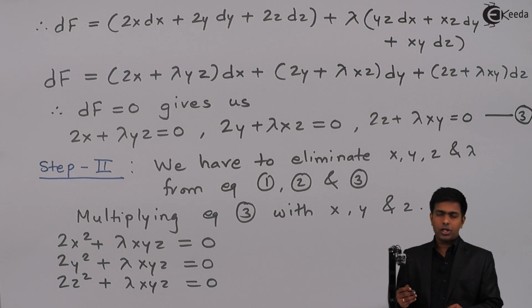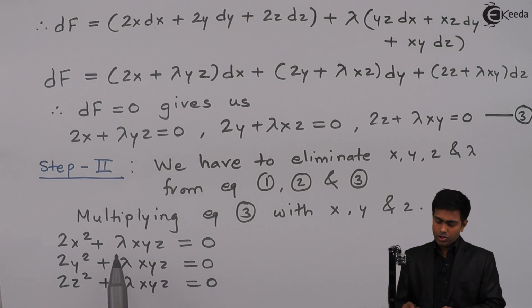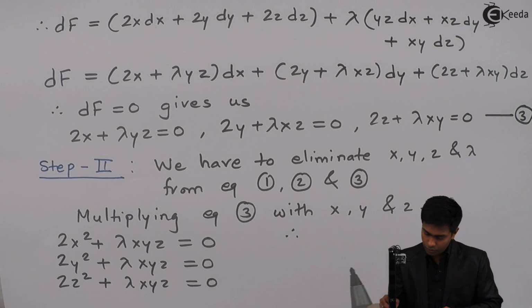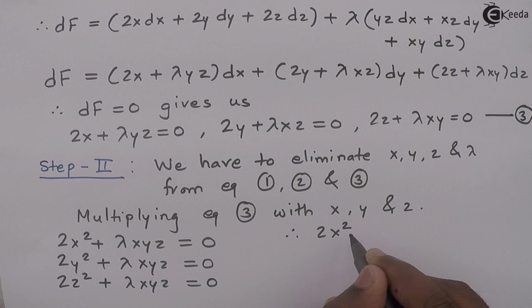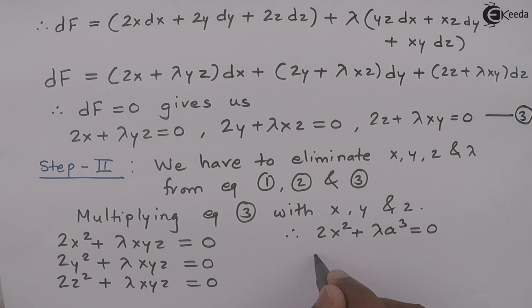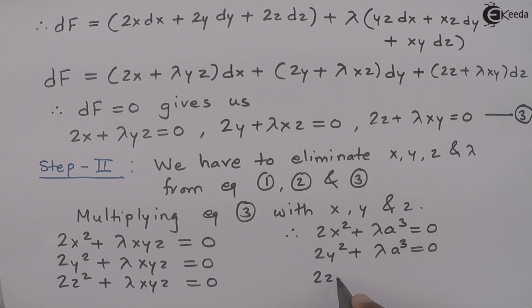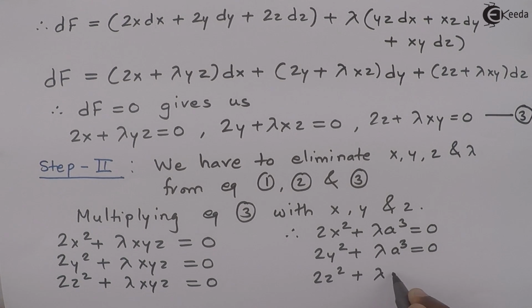Now from equation number 2, we know that xyz is equal to a cube. So this will become, therefore, 2x square plus lambda a cube equal to 0, 2y square plus lambda a cube equal to 0 and 2z square plus lambda a cube equal to 0.